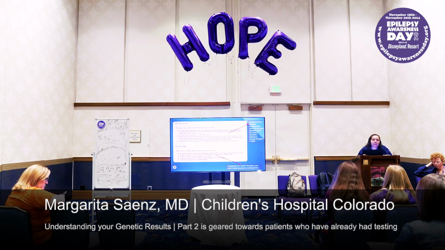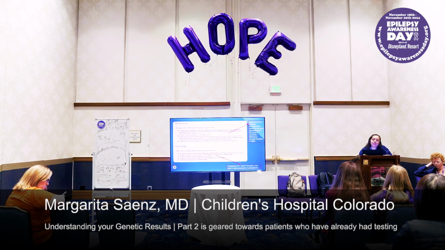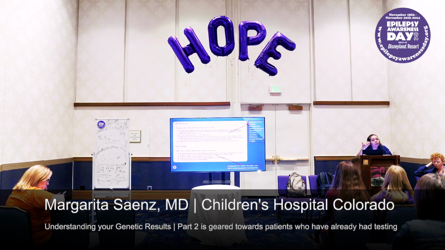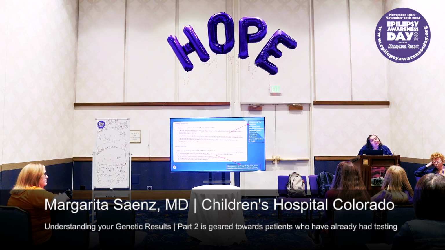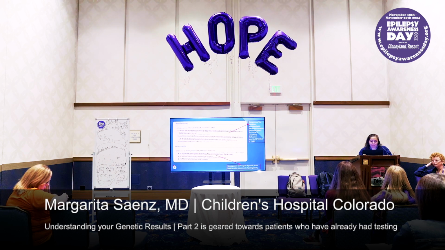Even in the same family, 2 people with the same genetic change may not show the same sort of presentation, even one who has epilepsy and one who doesn't. So you have 22,000 genes interacting, and we're talking about a change in one. That's why you can have intrafamilial variability. Okay?